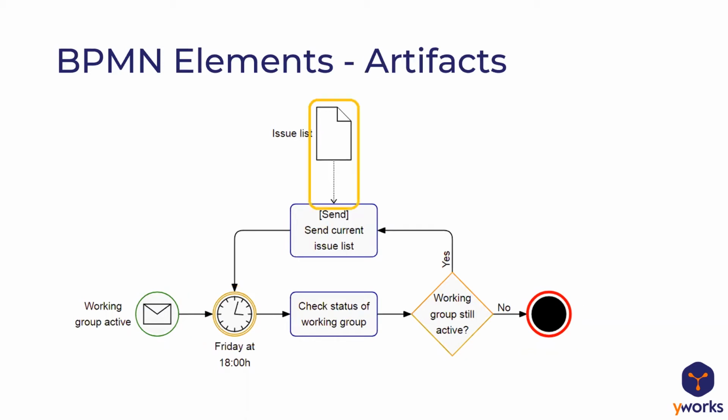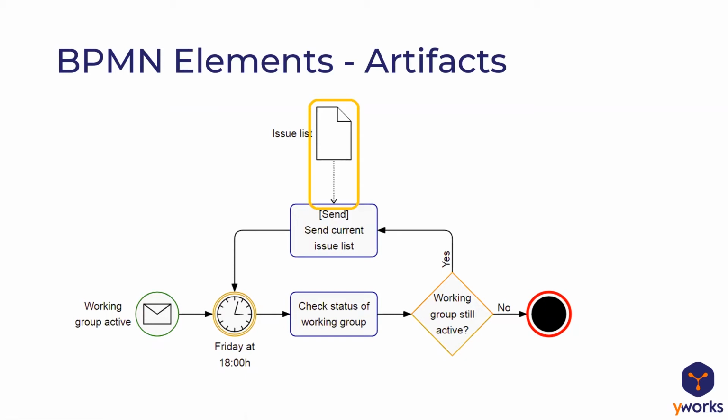In addition to these flow elements, you can also have further information attached, and you can use all different kinds of artifact nodes, like this issue list over here. Those are connected with association edges, which use dotted lines, in contrast to the normal filled lines you use for the normal flow.